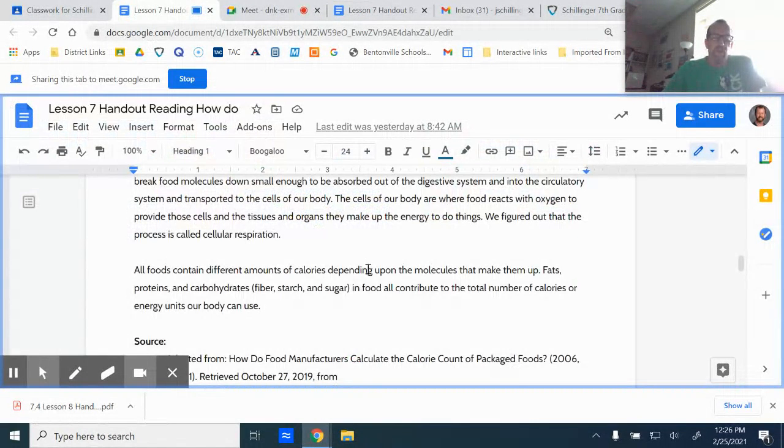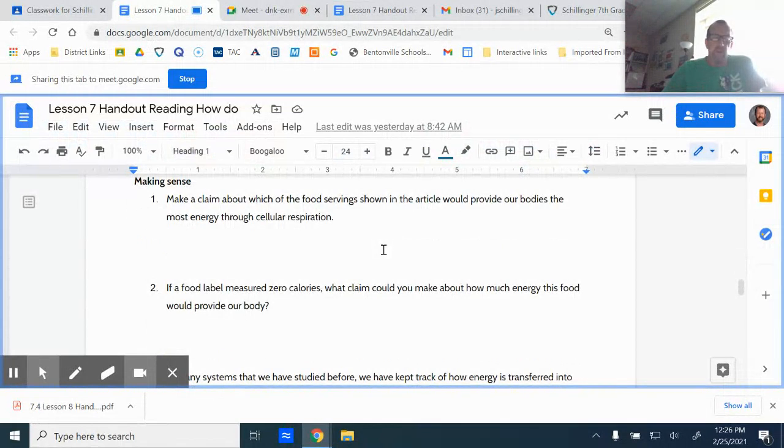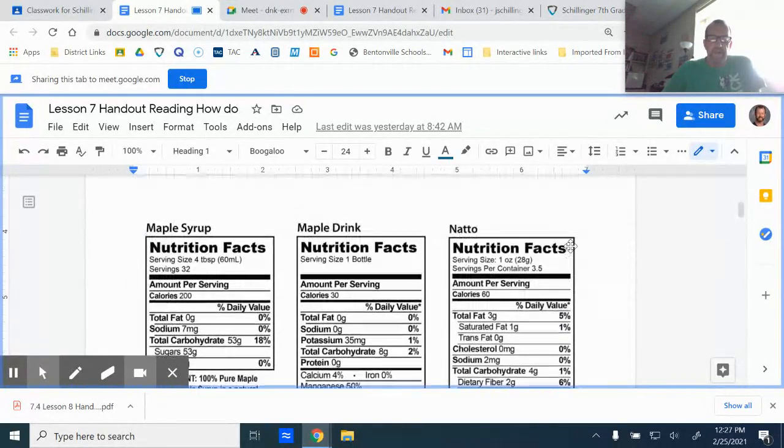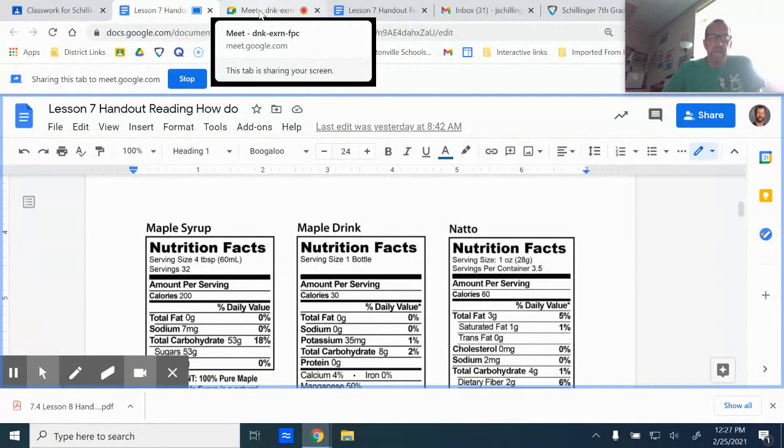So there are 4 questions here that I'm going to want you to answer. One says, make a claim about which of the food servings shown in the article will provide our bodies the most energy through cellular respiration. So when you get to that question, you're going to come back up here and look at maple syrup, maple drink, and natto.